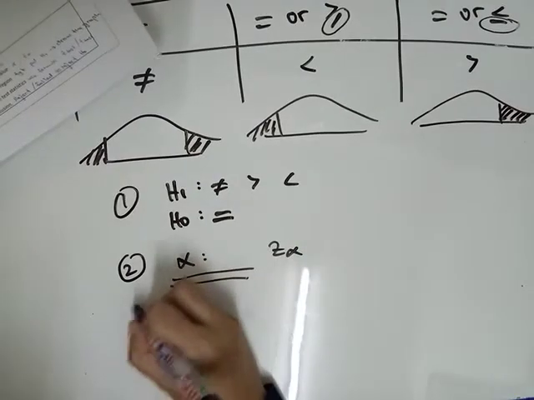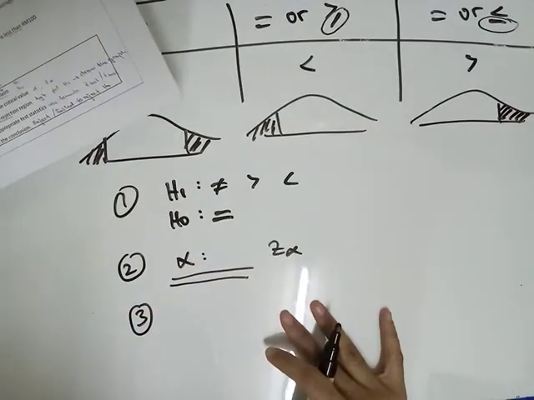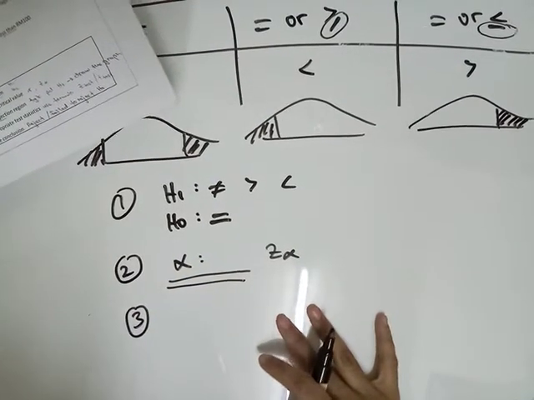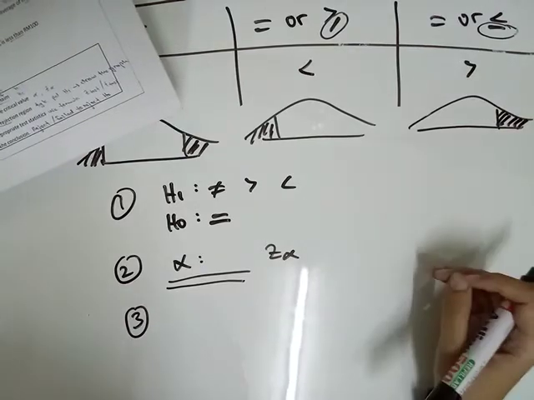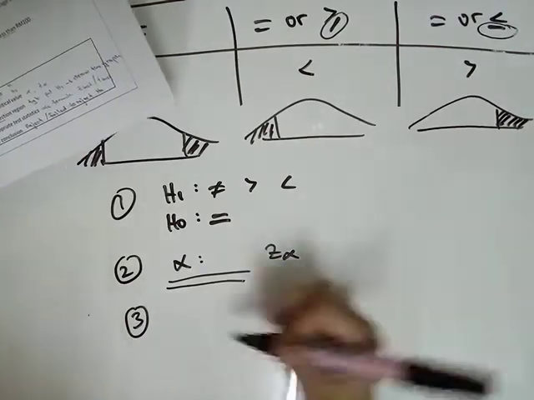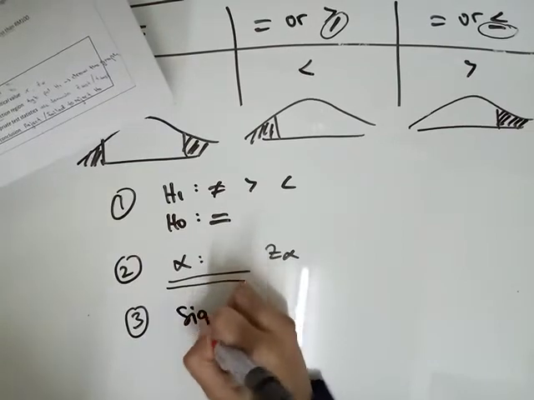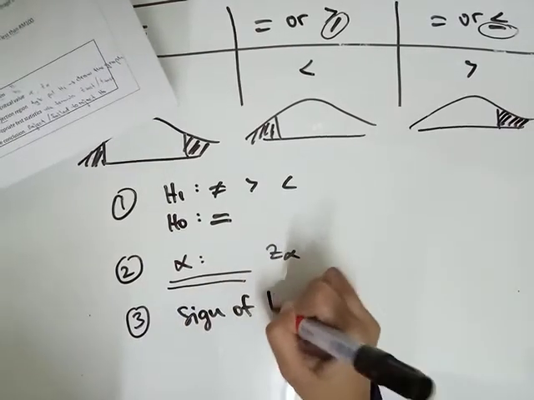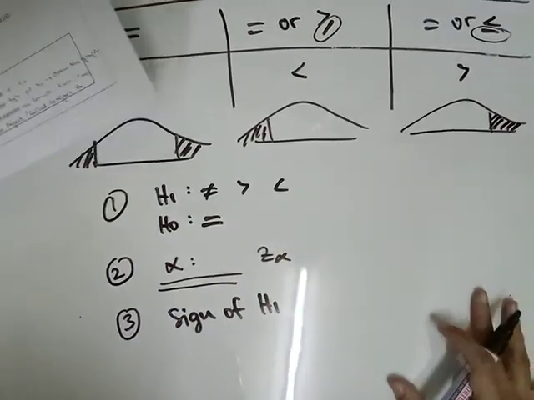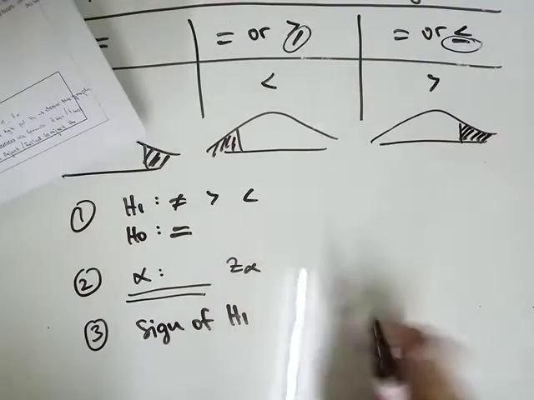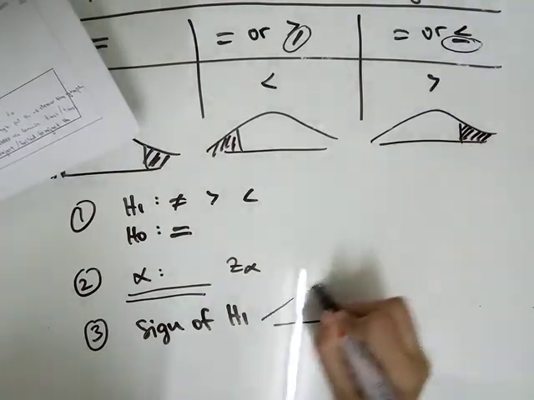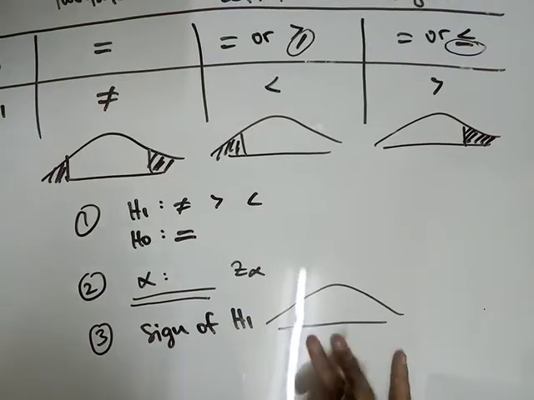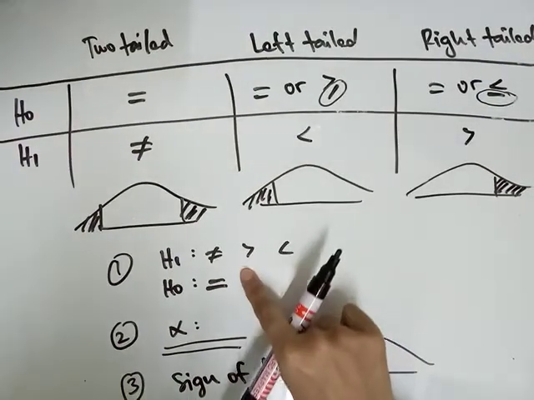Third step, determine the rejection and non-rejection region. How to determine it? You have to look at the sign of H1. That means for step 3, you need to draw the graph. How do you draw the graph? You look at the sign for H1.